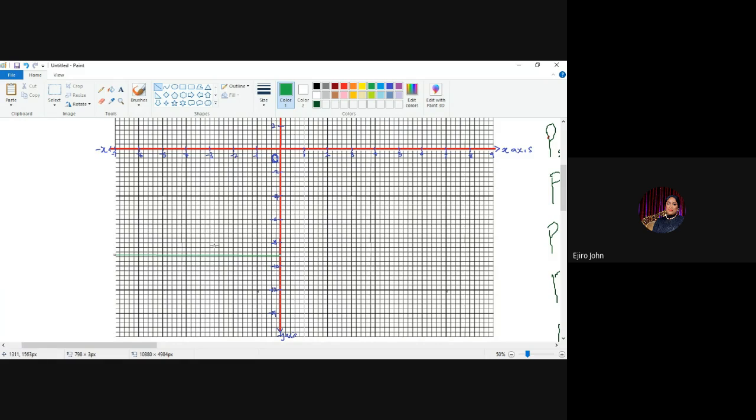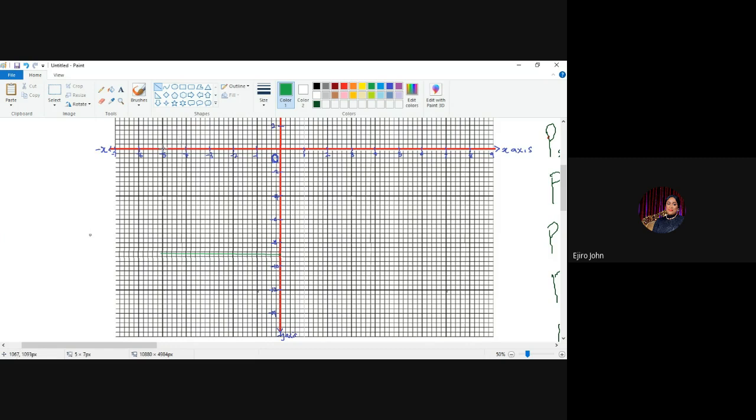So where we stopped, we're trying to locate -5 and -9. -5 on the x-axis and -9 on the y-axis. Okay, so I found -9 on the y-axis.